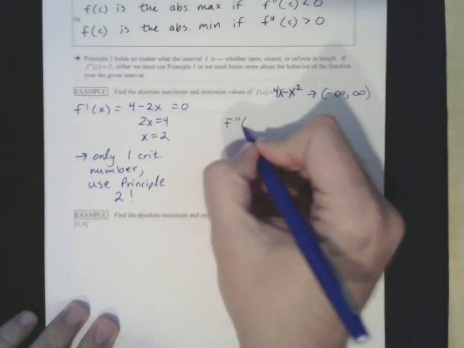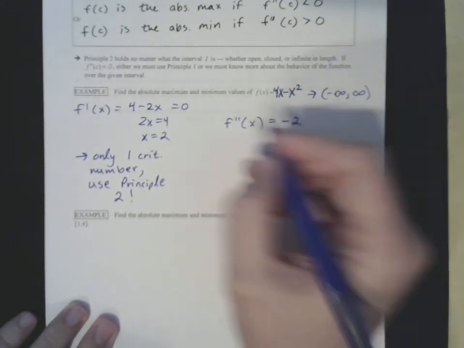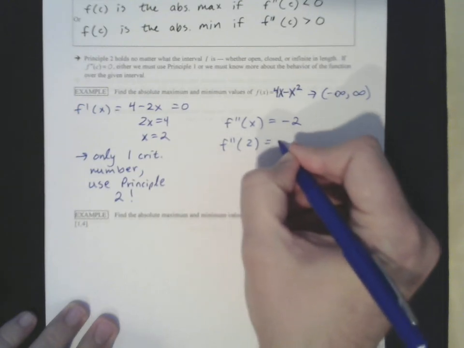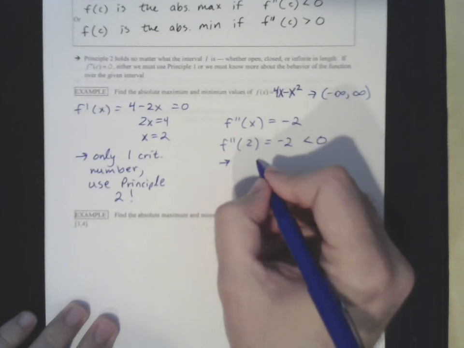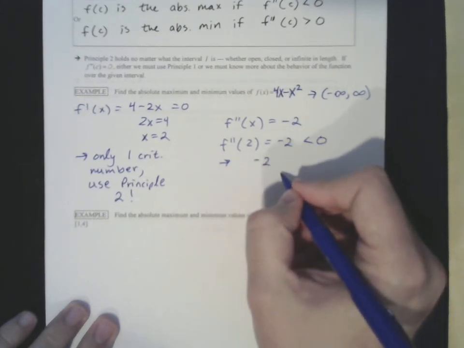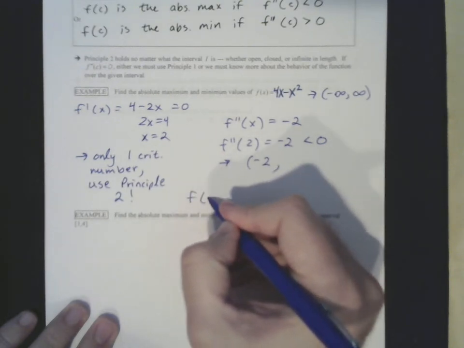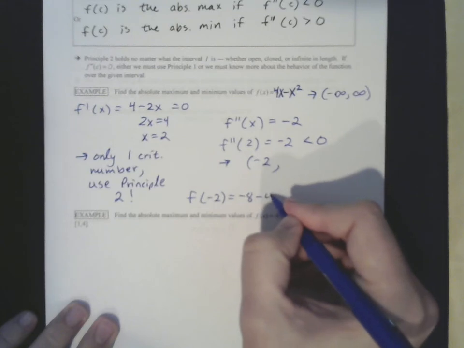So we look at f double prime of x. F double prime of x is negative 2. F double prime of 2, well, that's still negative 2, so that's less than 0. That means that we should probably plug that in, f of 2.